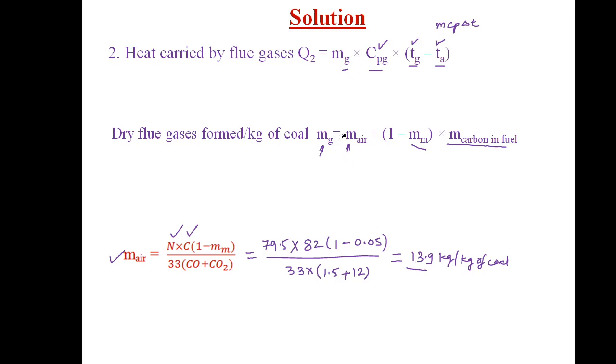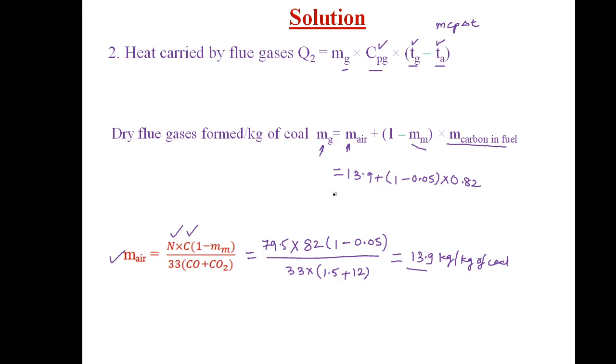So once we know mass of air, mass of gas can be calculated. 13.9 is the mass of air plus 1 minus 0.05, the mass of moisture, into percentage of carbon in the fuel, which is known to us. So that is 0.82. If we burn 1 kg of fuel, then we will have 0.82 kg of carbon.